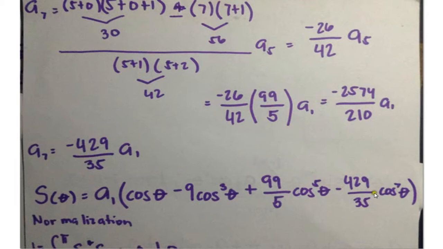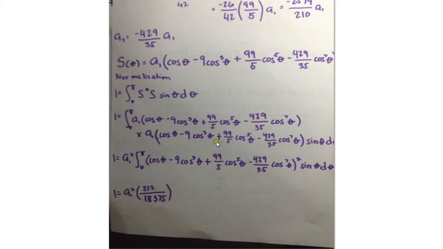So for us to be able to get the value of a1 here, we will normalize the whole equation. How do we normalize it? We normalize it by using this equation. 1 is equal to integral of s times s sine theta d theta, where the limit is from 0 to pi.